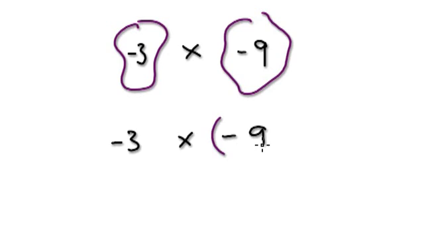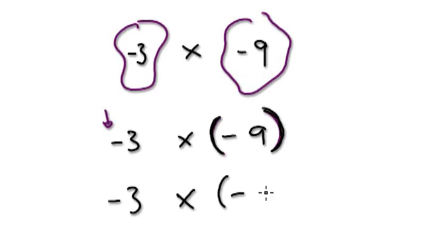Over here, you would need the brackets because you've got times and then a minus. That's really confusing. Two signs next to each other. Over here, it's just one sign, so you know that the minus belongs to the 3. So we would use brackets. Basically, it's minus 3 times (minus 9). We can put the brackets around here, but we don't bother because there's no other sign in front of this minus. So just leave it as that.